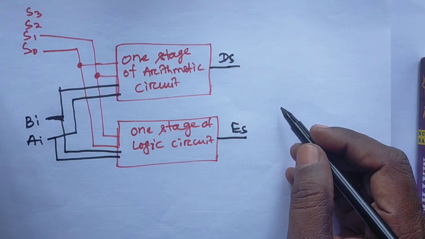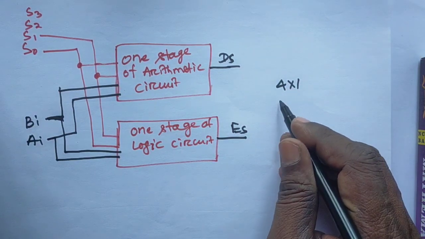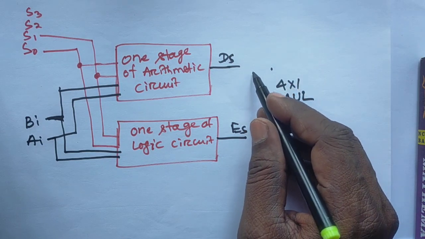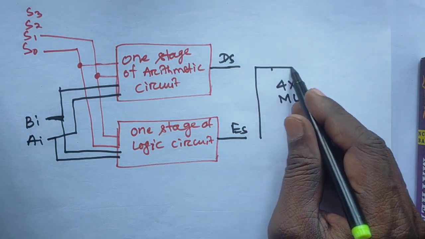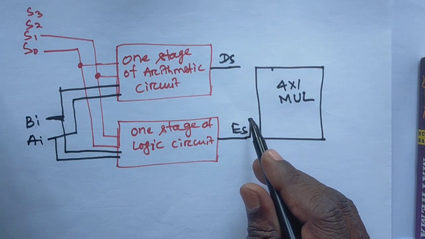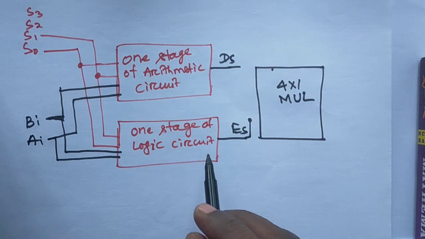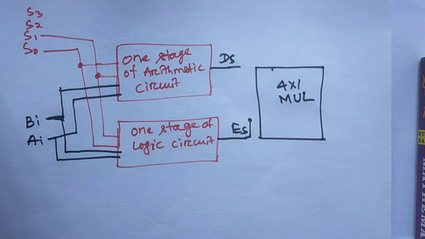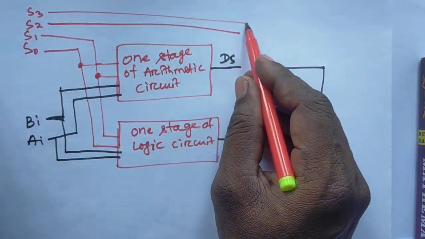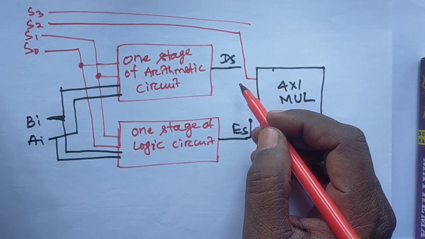But here another multiplexer we also consider, which will choose that data. And there are two selectors here, which will choose in a very simple way.